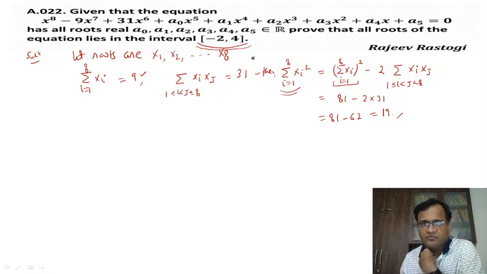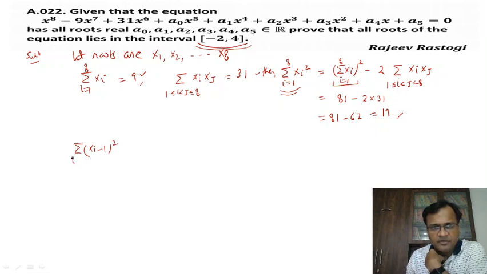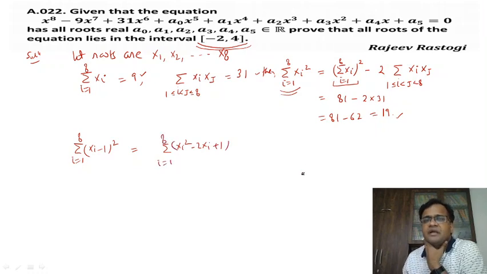So from now what we can do, if we calculate sigma (xi minus 1) whole squared, i varying from 1 to 8, then this becomes xi squared minus 2xi plus 1, and sigma is a linear operator, so we can distribute sigma inside the bracket.